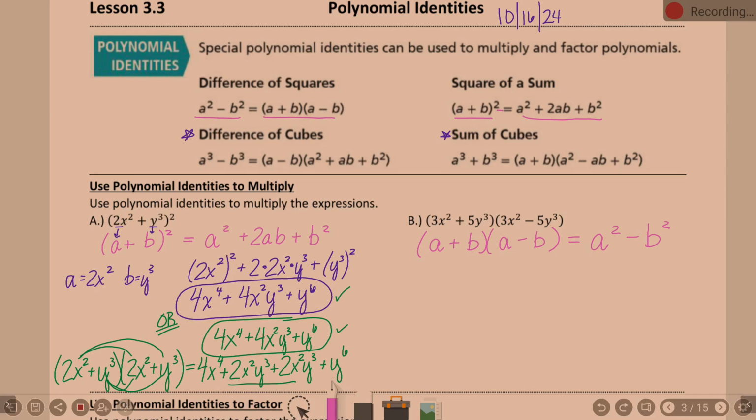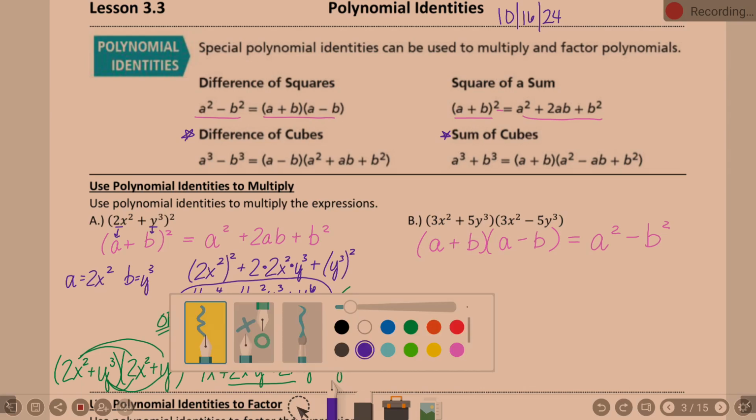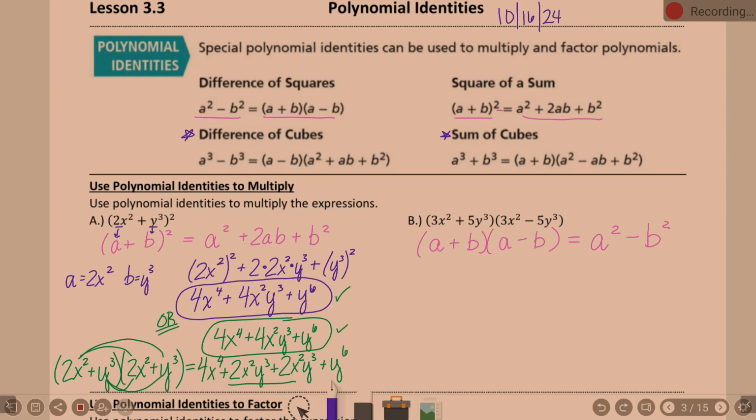Now, this one's a little bit easier to use, I think. Identify your a and b, and you're just squaring them and subtracting them, right? You don't have to worry about actually FOILing them out. What would you say a is? Okay. A is 3x squared, and what is b? 5y cubed.